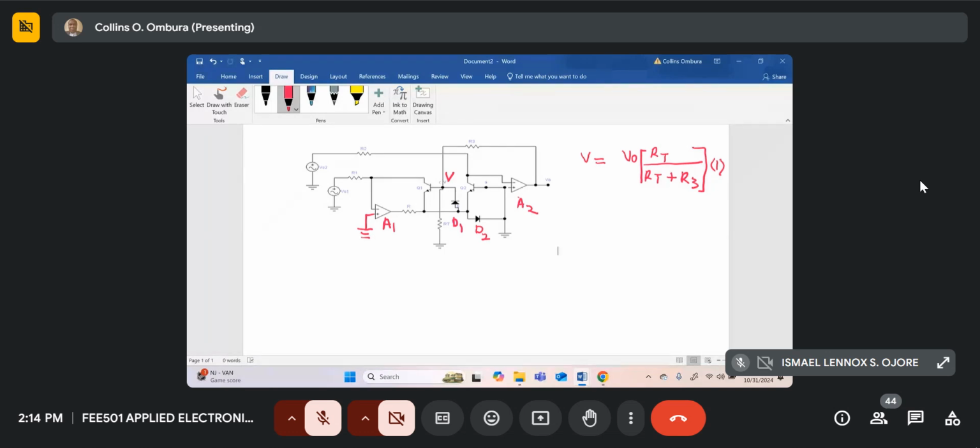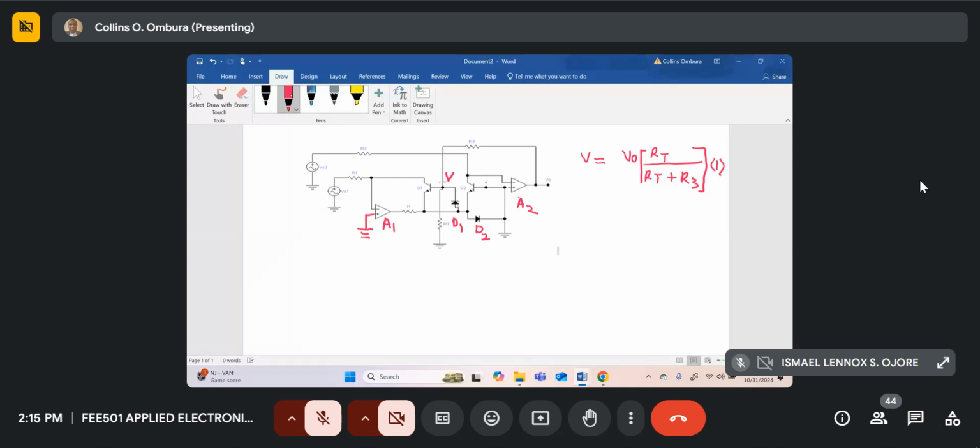And of course, using equation 1, we can rearrange it and solve it in terms of V to determine V naught.